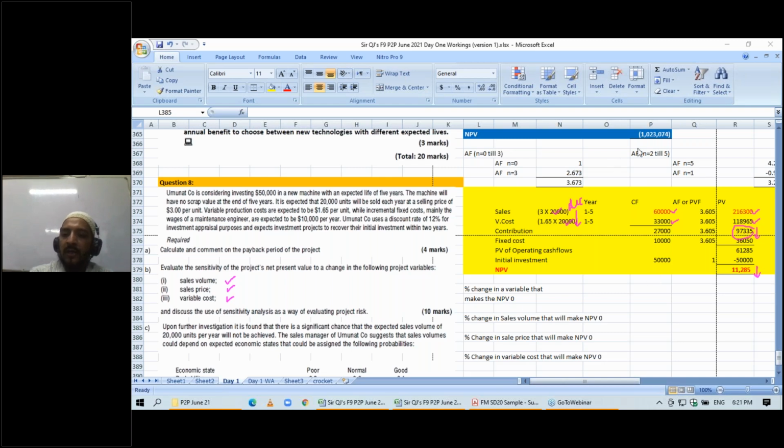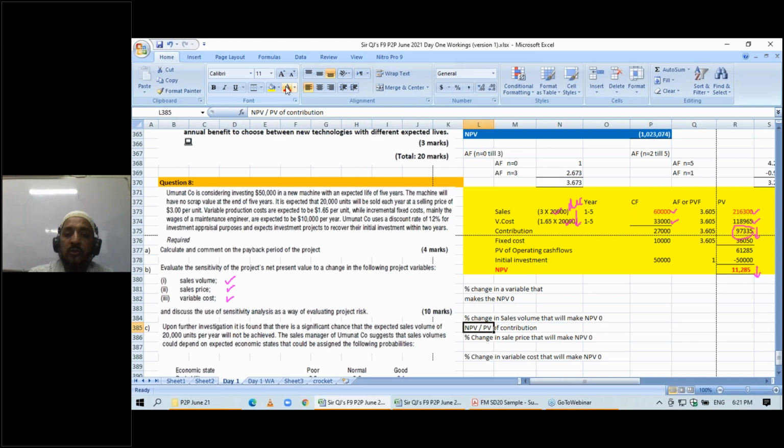So what should be the formula? The formula is as follows. You will take NPV, because we are afraid that NPV shall not fall by 11,285, and we will divide it by the present value of contribution. The tip is always calculate present values of those items which are going to be affected by the change in variables.